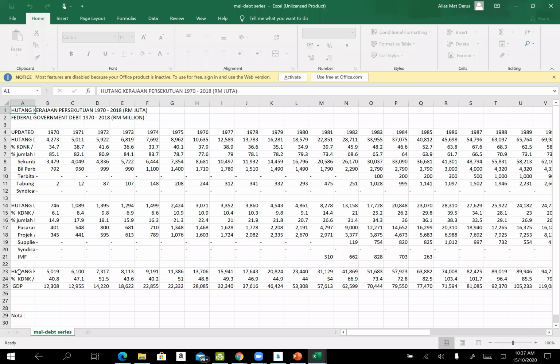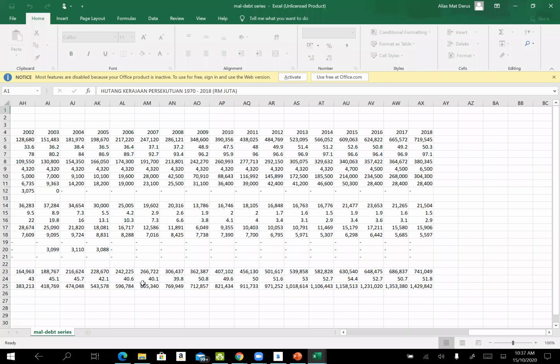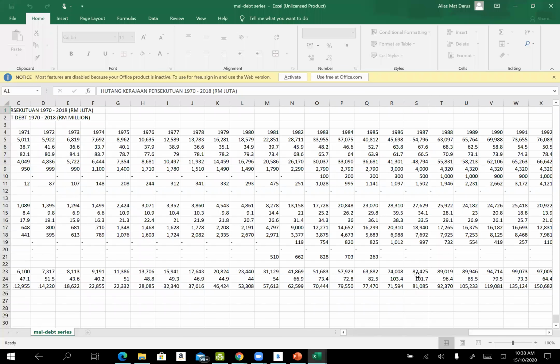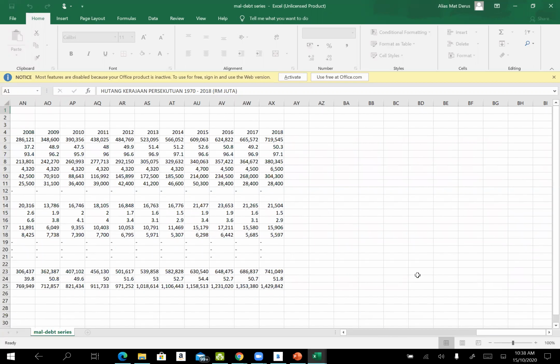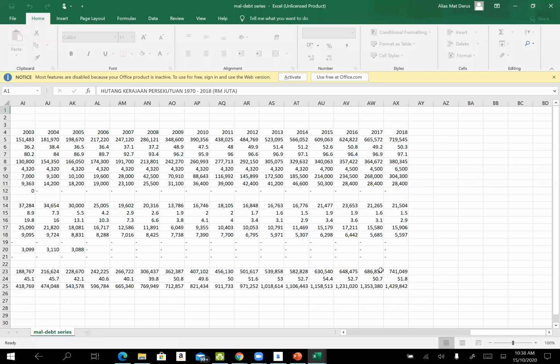So that is row number 23, and this data is good. It goes back to 1970. So we don't need that. We only need to look at 2017, 2018. Below that is the GDP. So here for 2017, this is the debt, it's 686.8 billion. 2018, 741 billion.